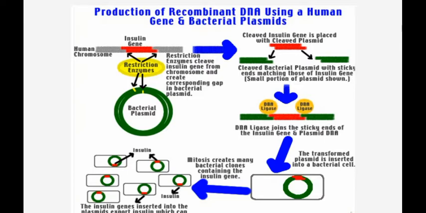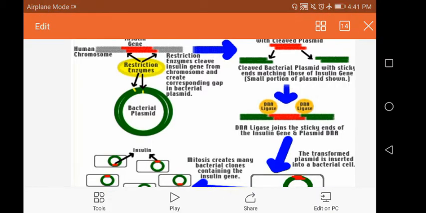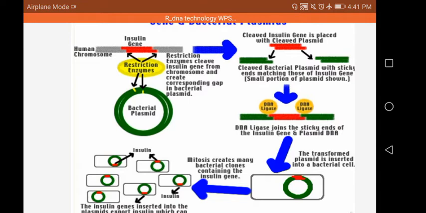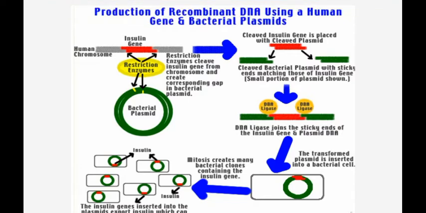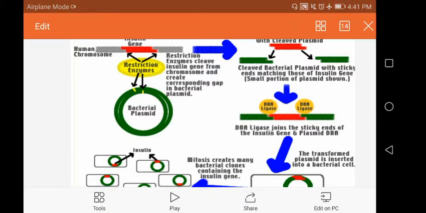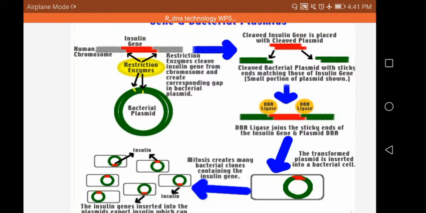In the same way we apply restriction endonucleases in the bacterial plasmid also. Okay, after the cleavage, this cleaved gene is placed in the cleaved bacterial plasmid. See, this red color is the insulin gene and the green one is the bacterial plasmid. This is placed in the bacterial plasmid region.